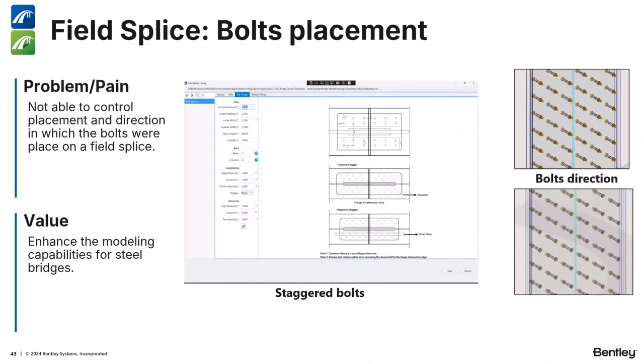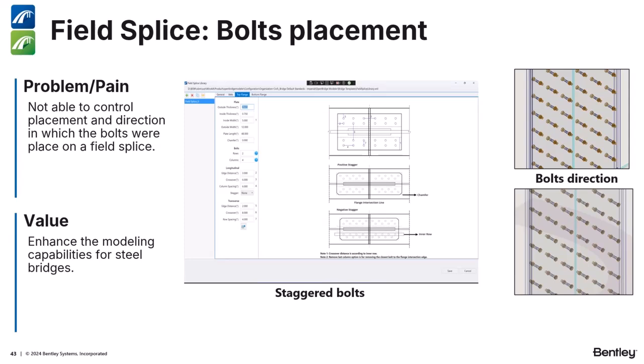Fill splices, right? So that's a simple toggle on our fill splice configuration. We allow two options. First, the bolt directions, right? Where the bolt is going to show up, or the head of the bolt is going to show up, either outside of the beam or inside of the beam group. It's that simple. And also the control of staggered bolts.